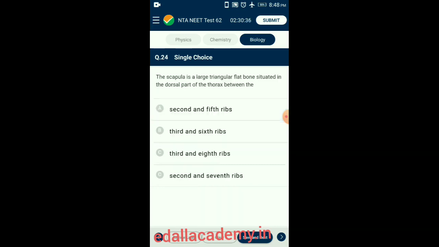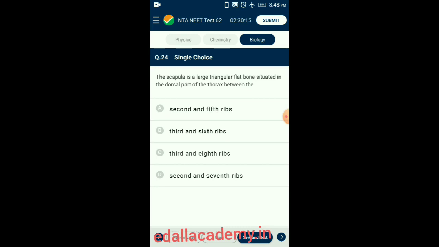Question number 24. The scapula is a large triangular flat bone situated in the dorsal part of the thorax. The scapula, otherwise called the shoulder blade, consists of a sharp ridge, the spine, and a triangular body.